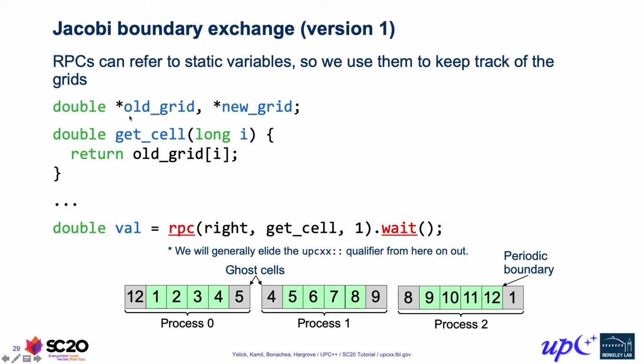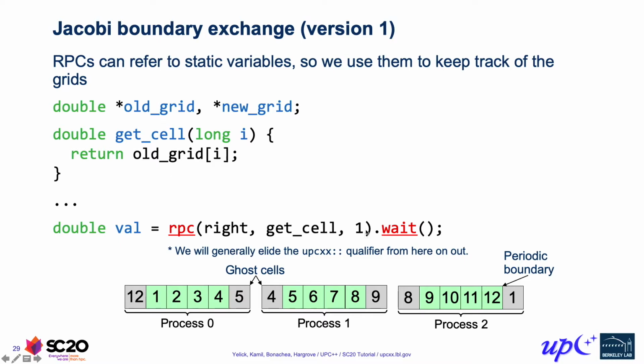So if we assume that we have global variables old grid and new grid, and we have a top-level function called getCell, that takes an index and produces the cell value at index I out of old grid. What we can do is launch an RPC to our neighbor to invoke getCell and give it the actual index we want as the argument. And getCell can access a global variable just like any other function. So it actually looks up the value of that cell and returns it.